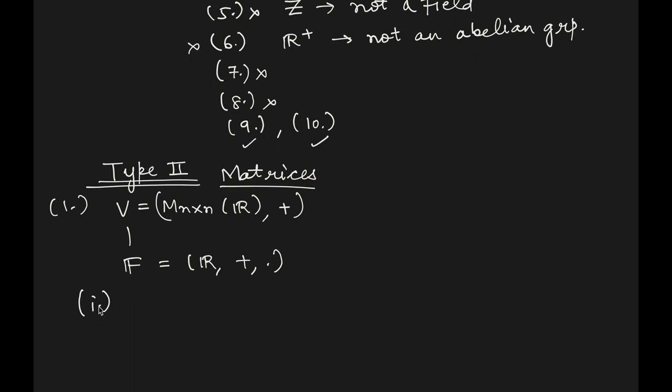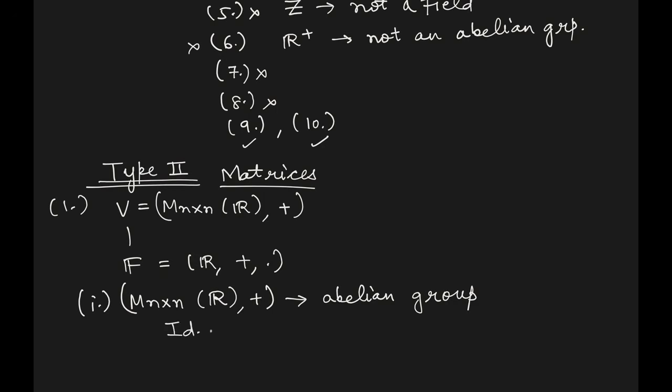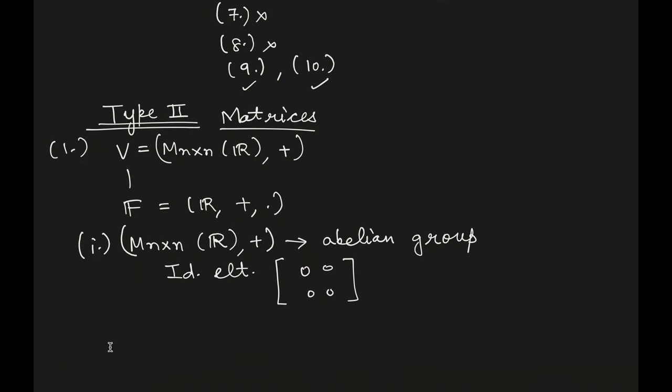First property: M n cross n with respect to addition will form an abelian group, because the closure property will be satisfied, the associative property will also be satisfied since matrix addition is associative, and the identity element will be the zero matrix. The inverse will also exist. The commutative property is also satisfied, and R with respect to plus and dot is a field.